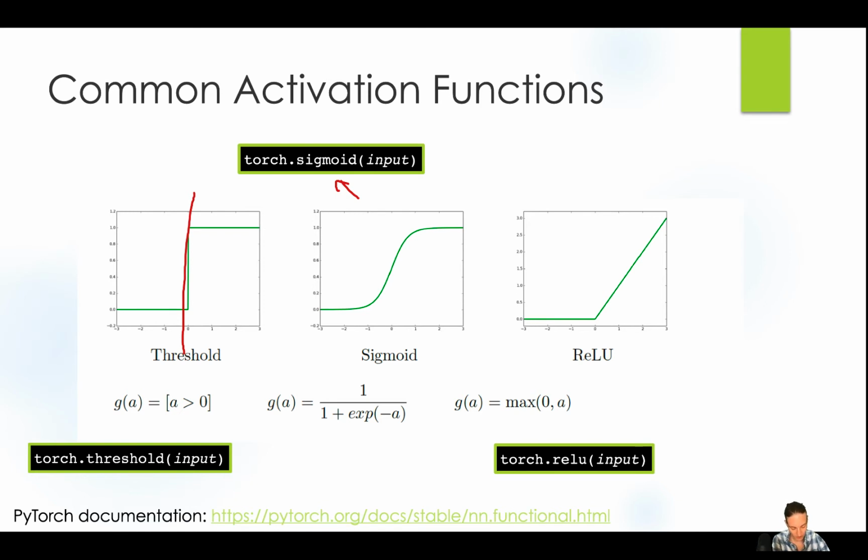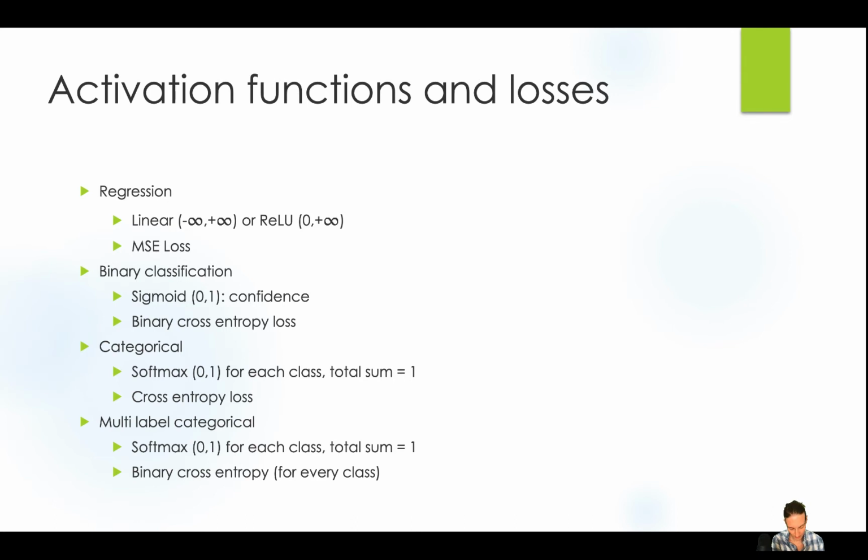Another popular one is ReLU. You can call that one using torch.relu. And ReLU basically puts to 0 everything that's smaller than 0 and makes the rest a nice linear line. There are different types of ReLU, which will come back later in this class as well. Now, when do we use certain activation functions?